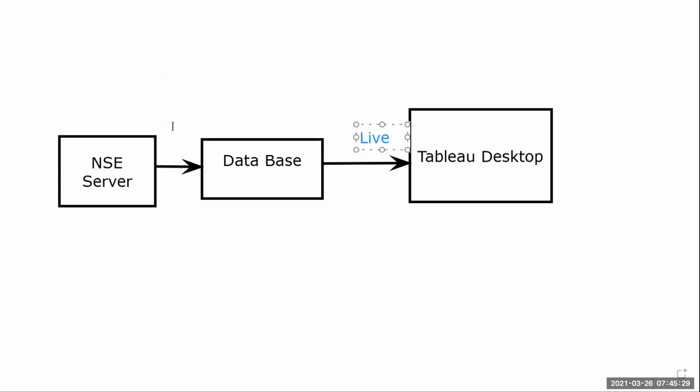Initially, here also I would say a direct connection. In the database we cannot call it live. So the database is directly connected here, but when it comes to the Tableau portion, we are on a live connection.